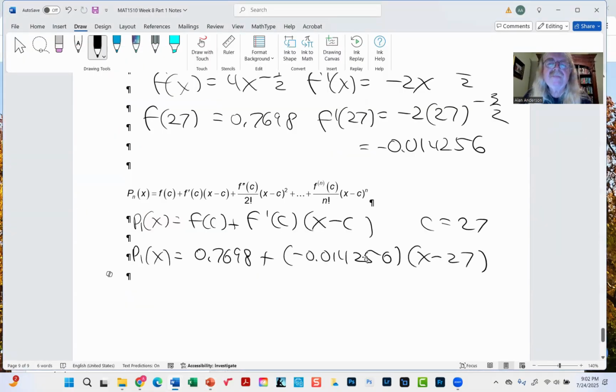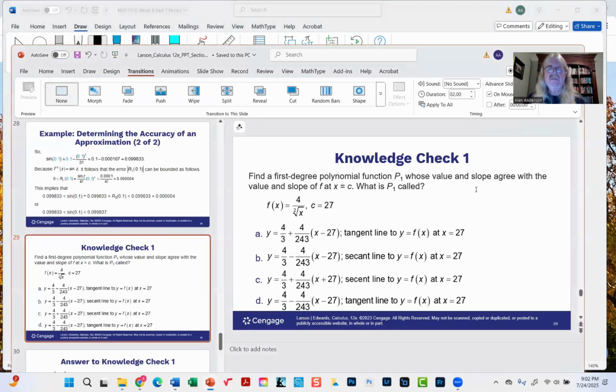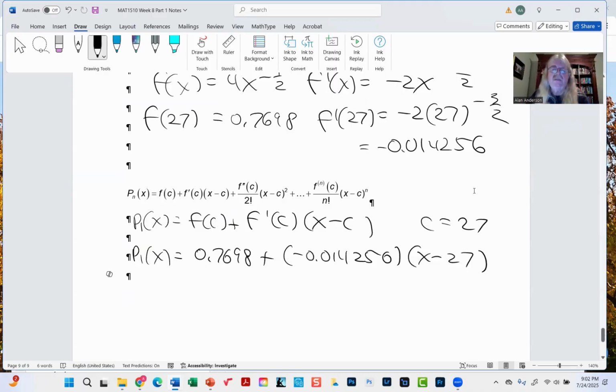Yeah, this one, it looks like they wrote that as something over 243. Probably that was a smart move compared to writing it like this. Well, all right.